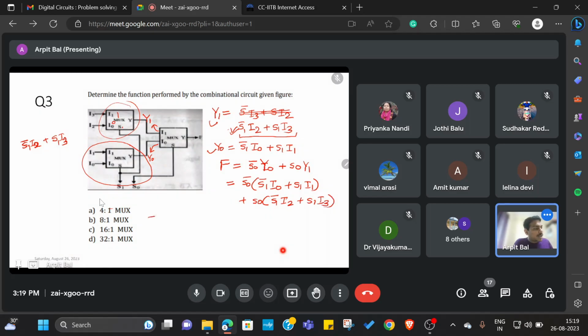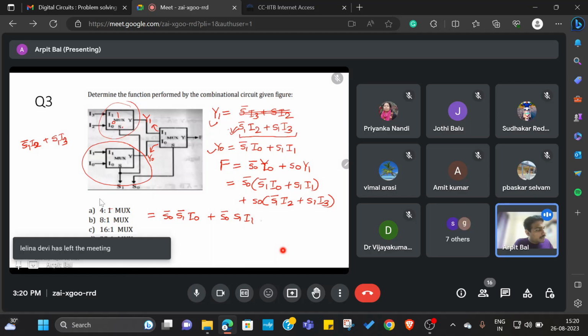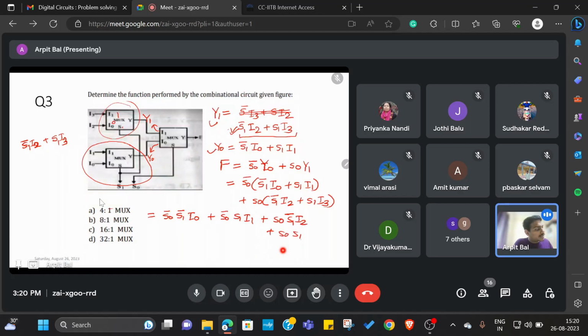After that, simply we need to expand it: S0 bar S1 bar I0 plus S0 bar S1 I1 plus S0 S1 bar I2 plus S0 S1 I3.